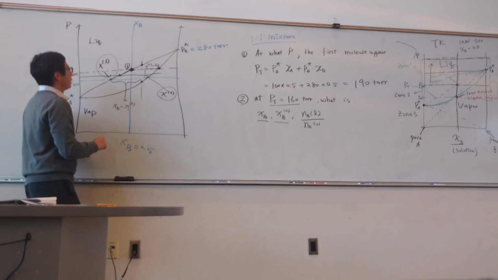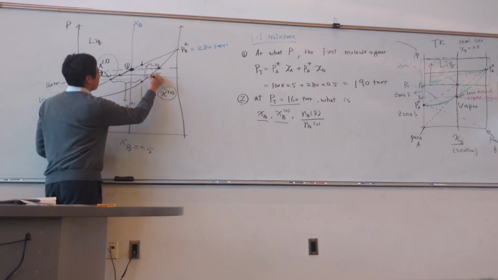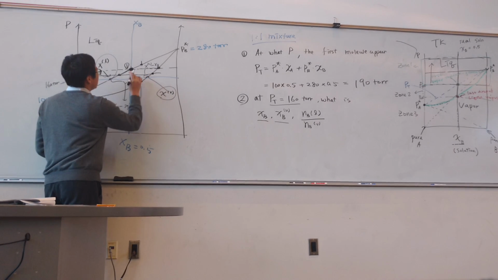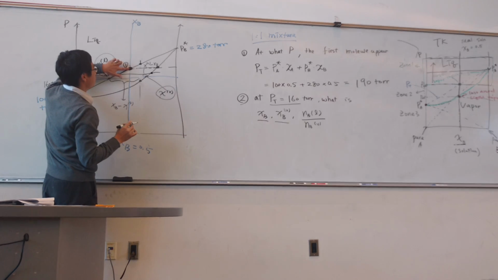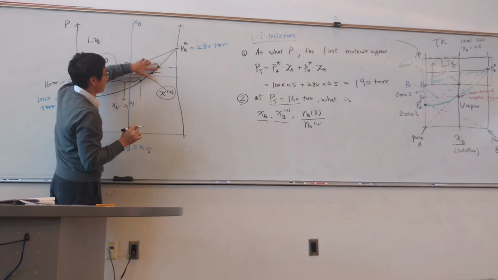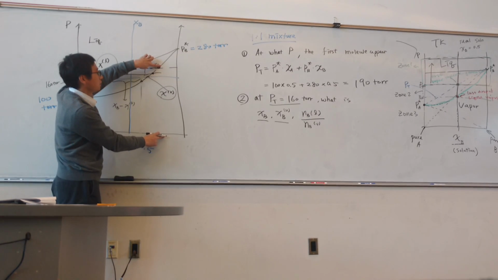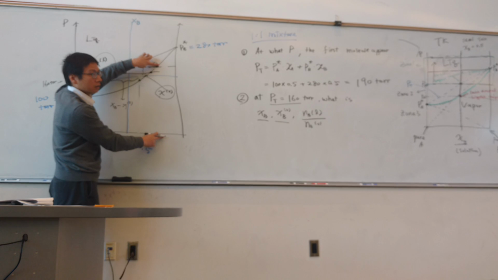Okay. And at the same time, once you hit this, in the beginning you know your first B is going to become vapor, right? That's why inside your gas phase, the XBV is actually very high.